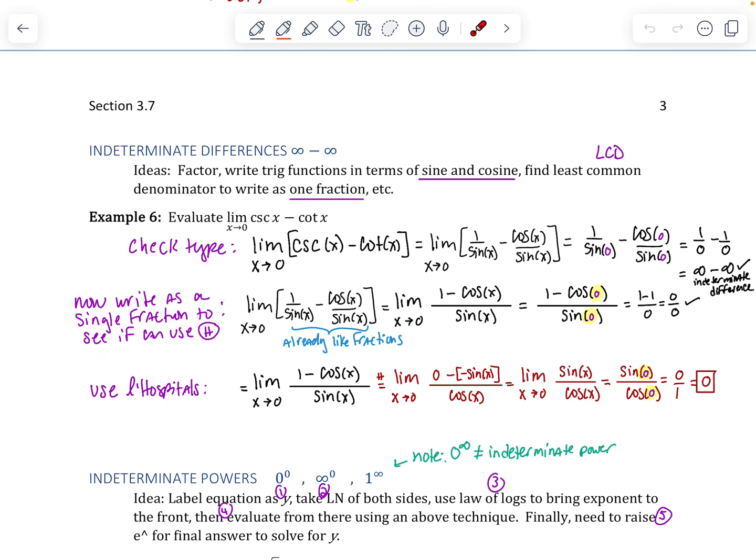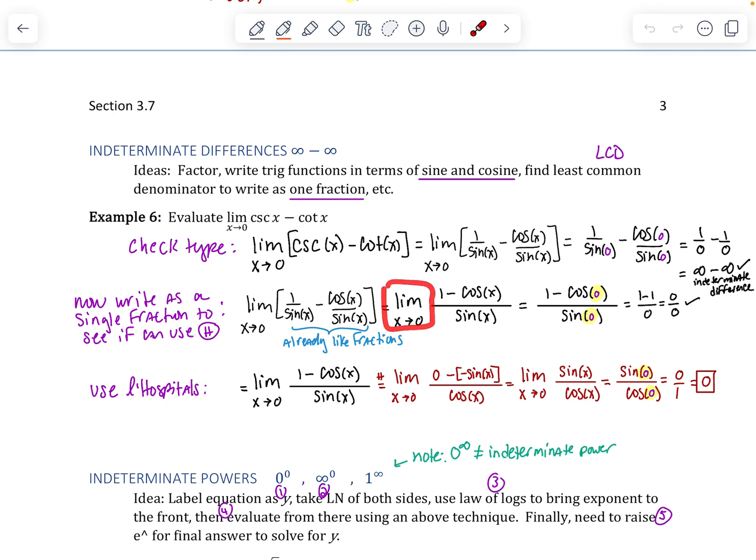So what I want to do is take that rewritten form, but I need to get it down to a single fraction to really qualify for L'Hopital's. I lucked out, and this problem already had like denominators, so I could just go ahead and subtract the numerators over that like denominator.